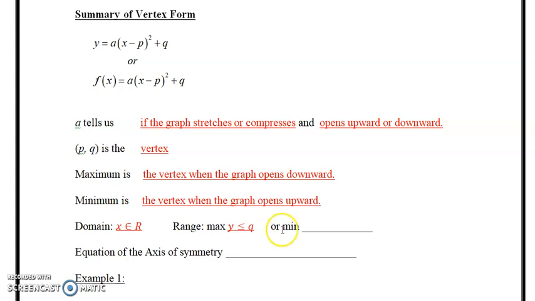And if we have a minimum, that means the graph opens upward, so that means that it's your minimum y value. So that means that y is greater than or equal to your q value, whatever your q value is, in vertex form.